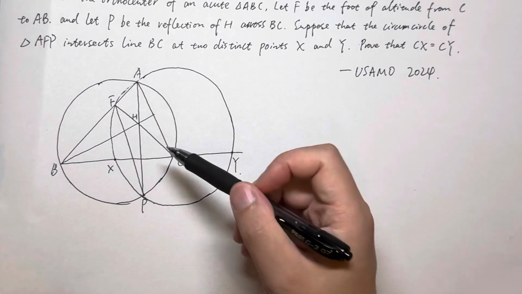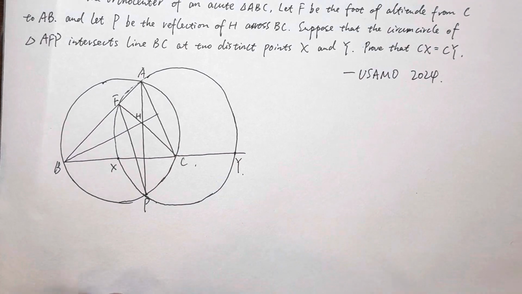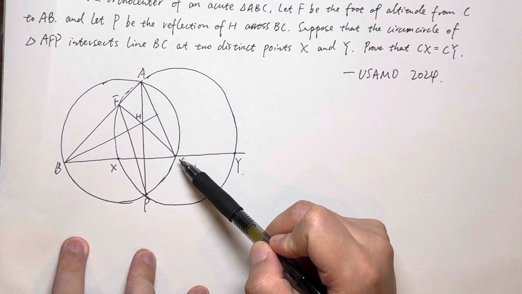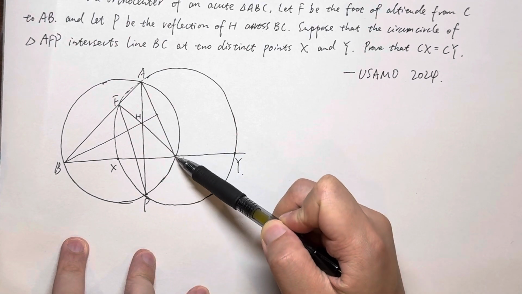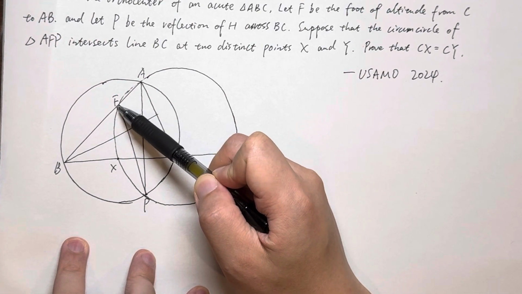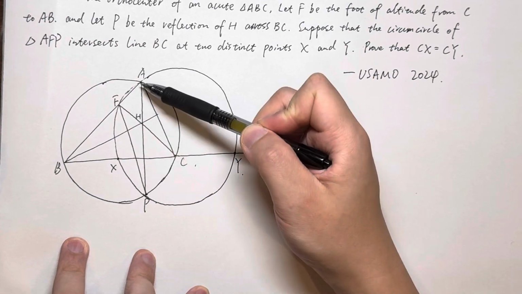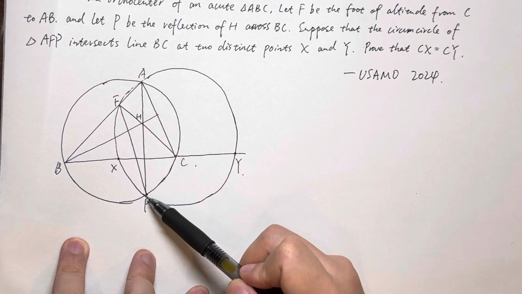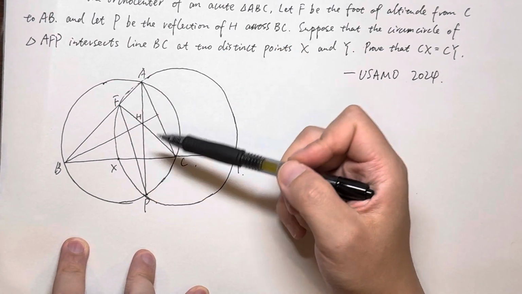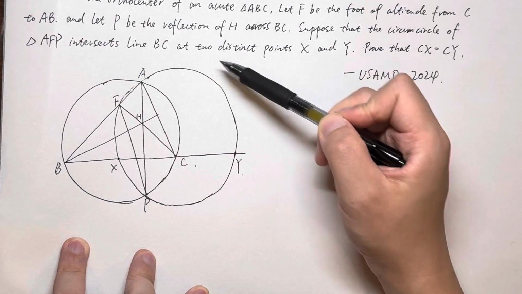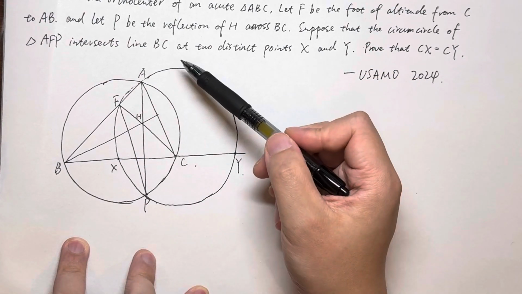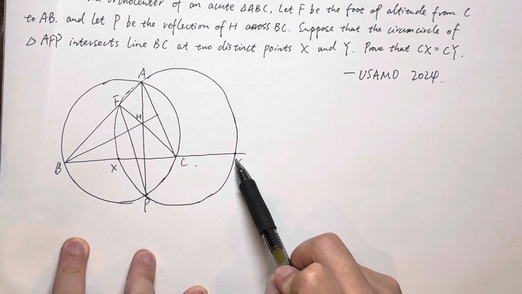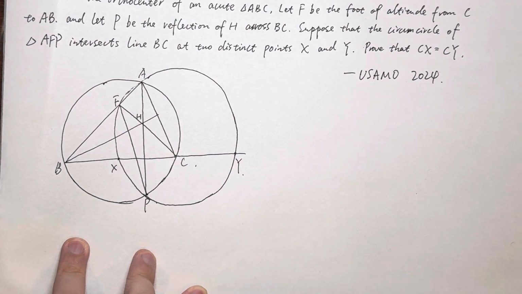Okay, let's look at the figure and repeat the problem again. Basically, the problem is saying that in triangle ABC, we find the orthocenter and the altitude CF, and we extend AH to meet the circumcircle of triangle ABC at point P. Then we connect FP and find the circumcircle of triangle AFP, and this circumcircle meets line BC at X and Y. We want to prove that CX equals CY.